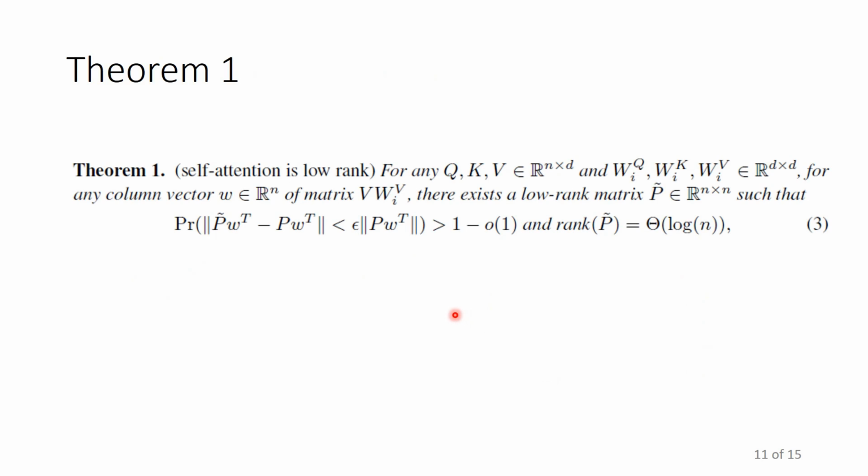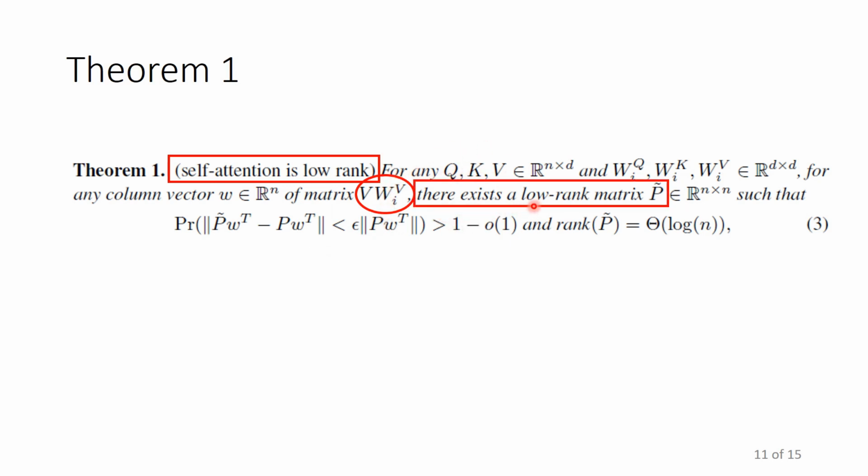So they propose a theorem that self-attention is actually Lorentz. So we have queries, keys, and values, which are of dimension n by d, and then we have their corresponding weights, dimension d cross d. So they say for any queries, keys, and values, there exists a Lorentz matrix P tilde, which is n by n.